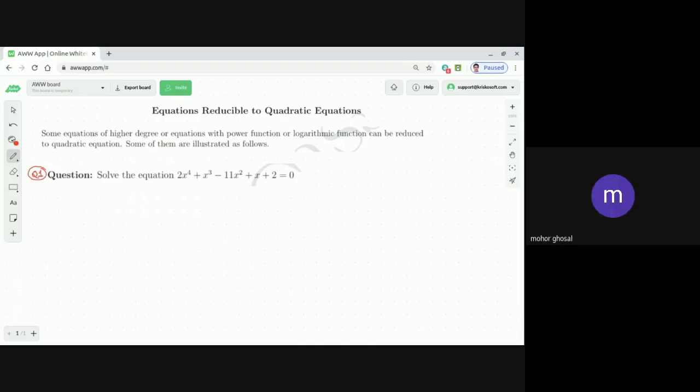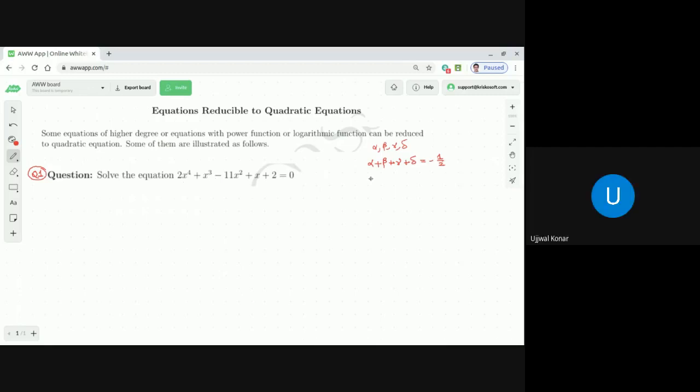What is the traditional approach? Alpha plus beta plus gamma plus delta is equal to minus 1 by 2, correct? It is the minus of the coefficient of x cube by the coefficient of x power 4.